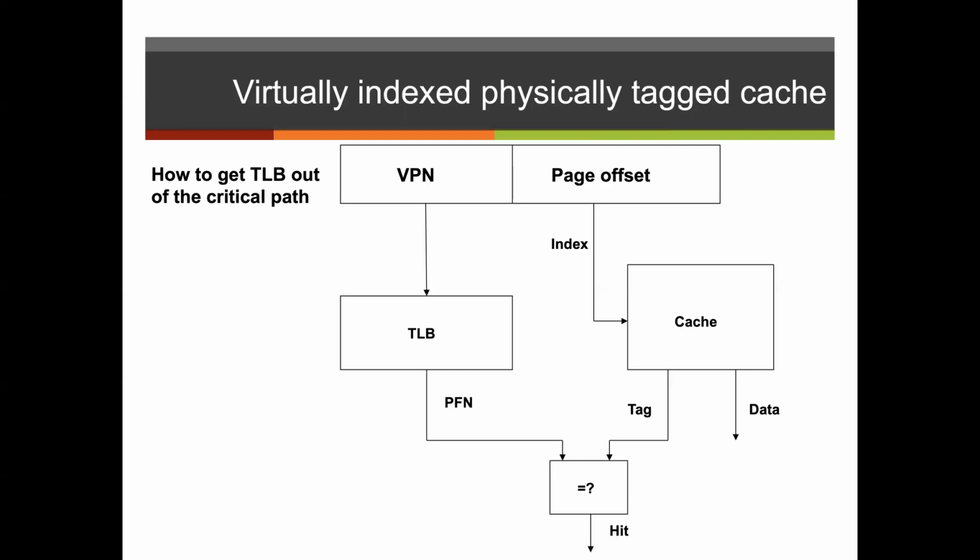So the cache uses a virtual index, with the tag derived from the physical address. We want to keep in mind that the virtual address limits the size of the cache. So if we have a page size of 8 kilobytes, then the cache index is going to be at most 13 bits.